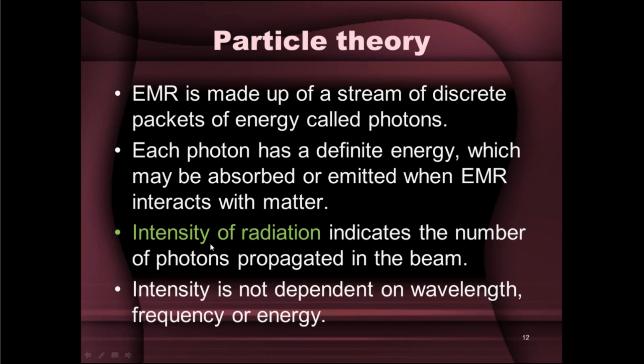So now, one simple example: you are all very familiar with UV radiations, and you are also familiar with X-ray radiation. You know X-ray radiations have greater energy. So if you have two beams, one X-ray radiation, one UV radiation, the energies are different, X-ray having the higher energy than UV.